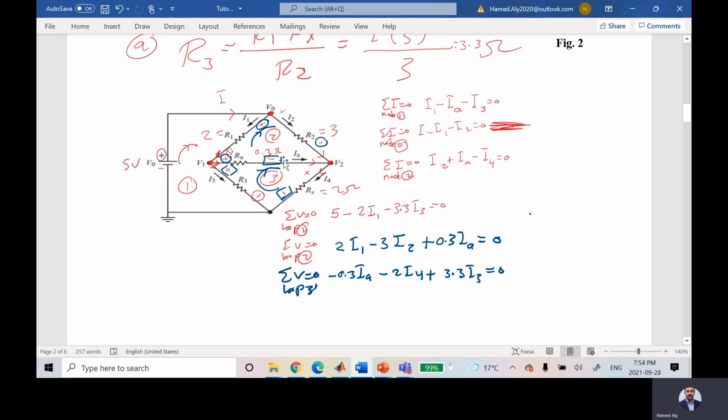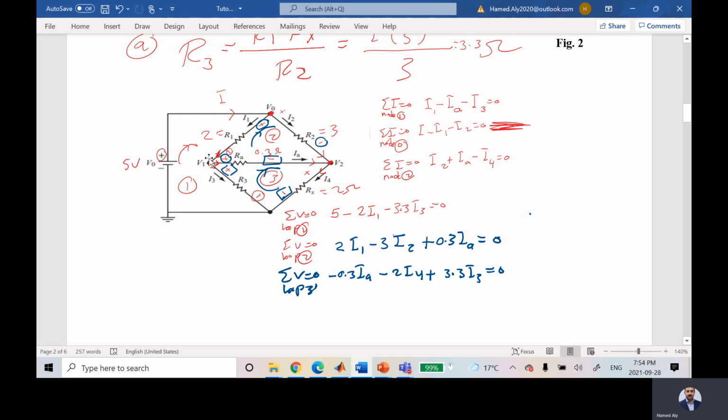But I can use another method, which is what? Nodal analysis. So I can connect this guy to the ground. Then how many nodes left? 3. This guy, this guy, this guy. Do I need to say summation of the current for this guy is equal to 0? No. Why no? Because the voltage is given 5.